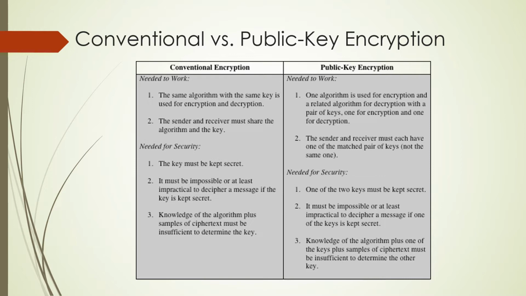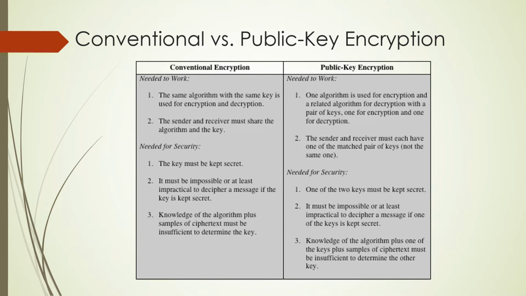In conventional encryption, what we need to have is the same algorithm and the same key for both encryption and decryption. That's why we call it symmetric encryption or symmetric cryptography. Also, the sender and receiver must share the algorithm and the key for this type of cryptography.